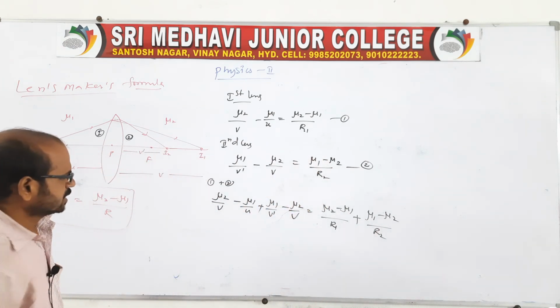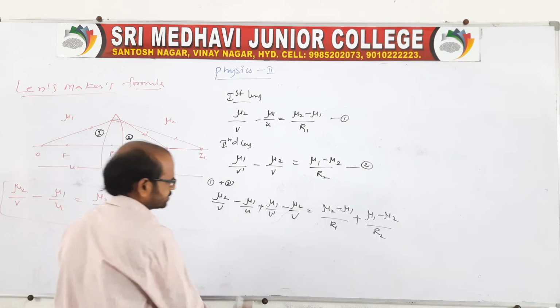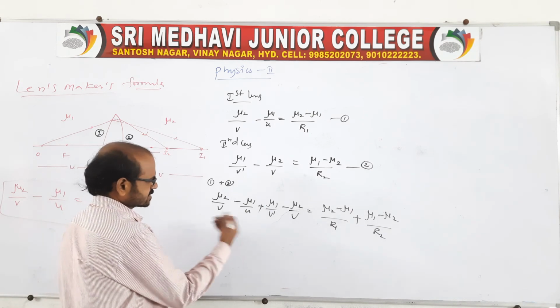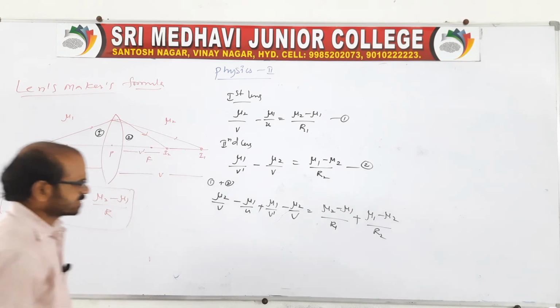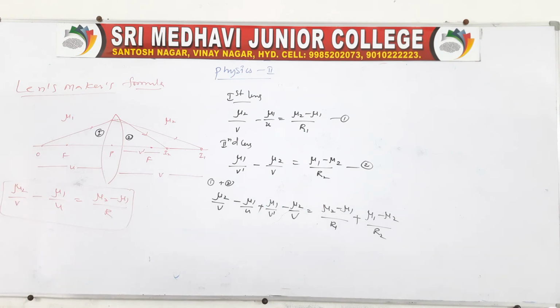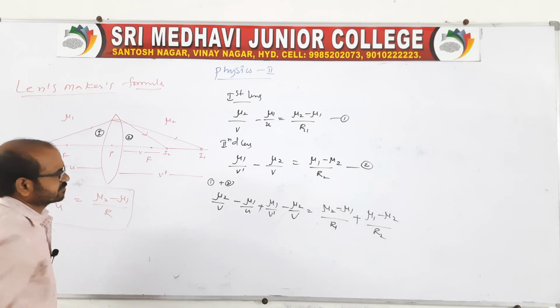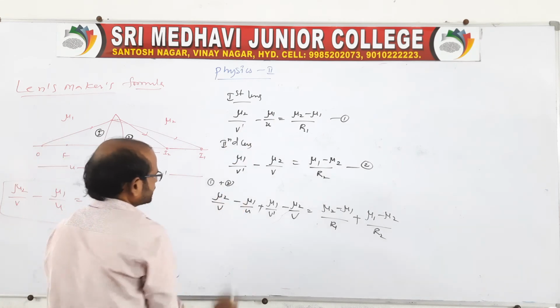Simple, look at here. Whatever is there, you cancel it, make the cancellation. Okay, so the cancellation will be like this. See, it is v dash. The first position of image we can take as v dash, no? Just change this: you take a v and you take a v dash, so that it will be v dash.